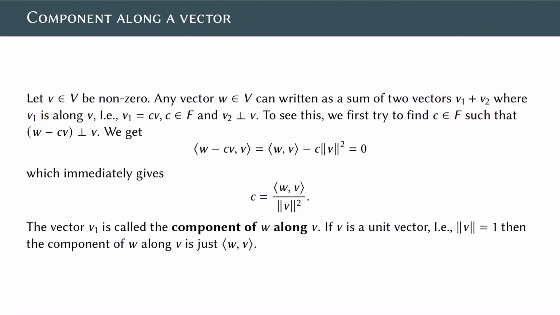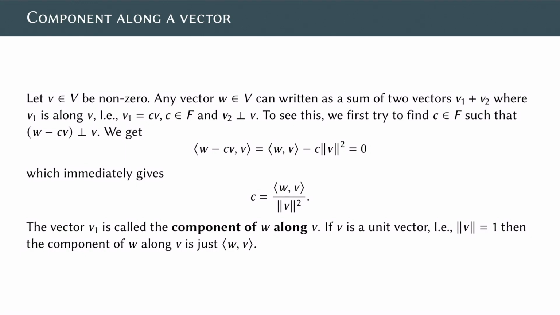That means it's just some scalar multiple of v, where c comes from F. This F is either R or C depending on whether we are in a complex case or a real case. And the second vector v2 is perpendicular to v. So essentially what we are saying is, given any vector v that is non-zero, you can decompose any other vector w as a vector along v and as a vector perpendicular or orthogonal to v.